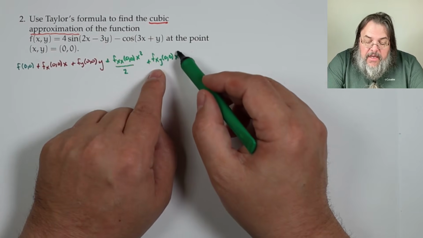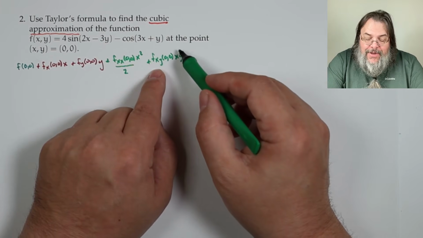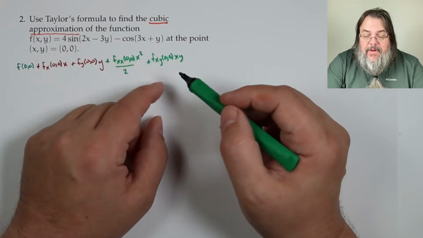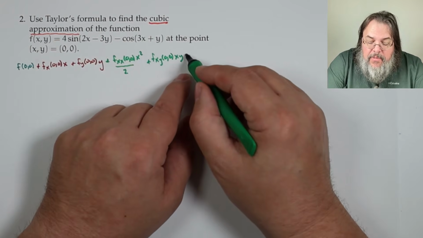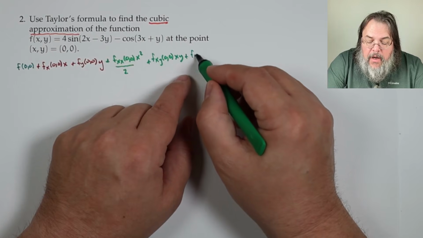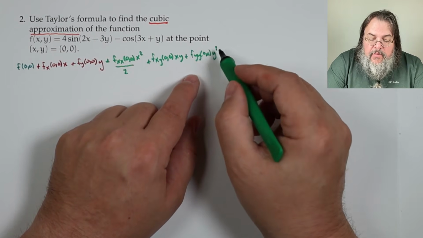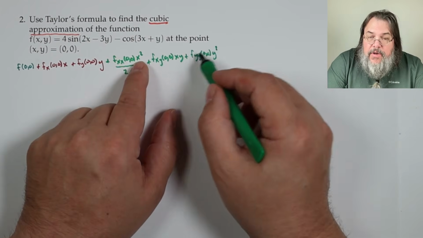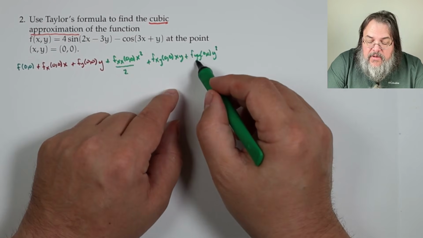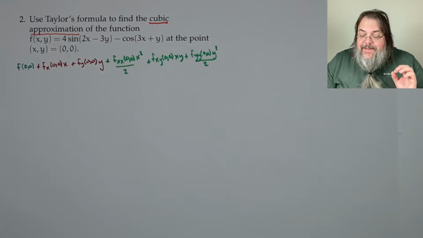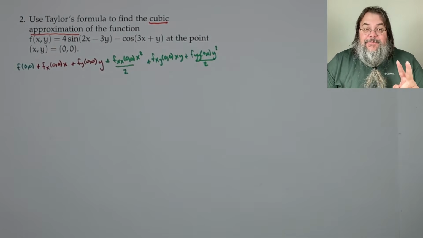Because this is like x to the 1, y to the 1. So every time we take a derivative, a 1 comes down and a 1 comes down, so we don't need to worry about compensating. Plus f_yy at 0, 0 times y squared, same thing here. A 2 will come down, a 1 will come down, so we need to divide by 2. Now that gets us up to the second order.